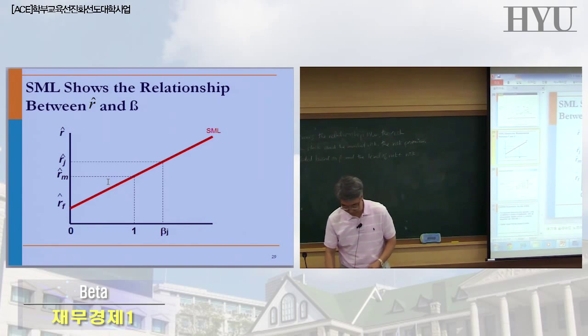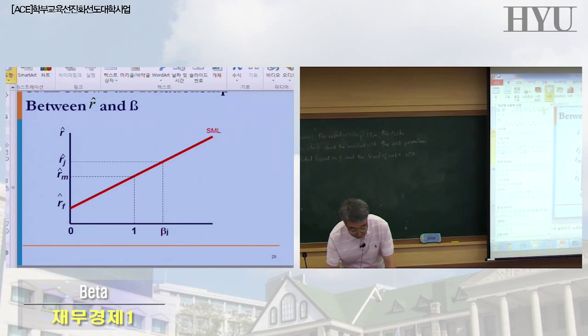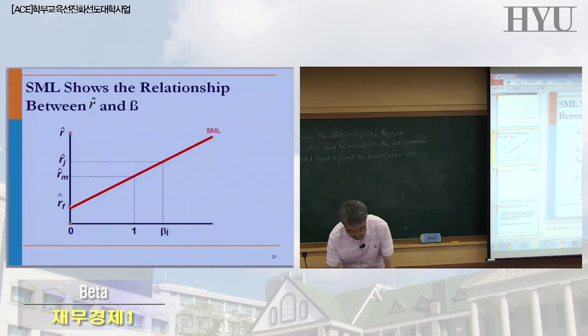Because the slope of this red line, if I draw a line here, suppose I drew the line like this, it's a little hard to see, but this height is RM hat minus RF hat, and the run is 1.